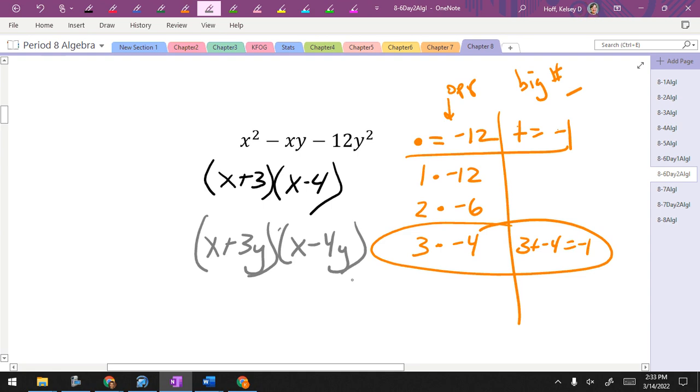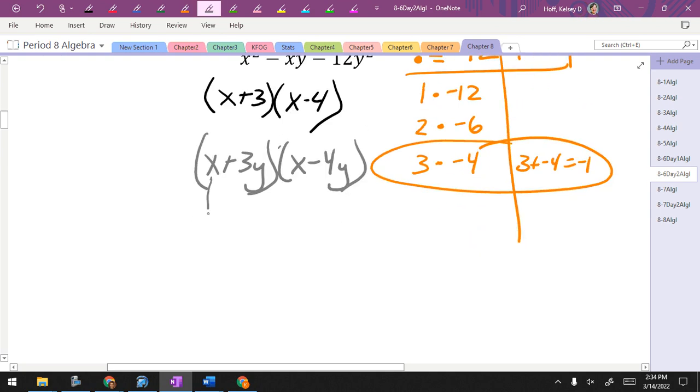Bingo. When you have a second variable, that variable is going to go with your T-chart. So don't change your process, right? Ignore that second variable to start, find your factors, but then your second variable has to be in here.